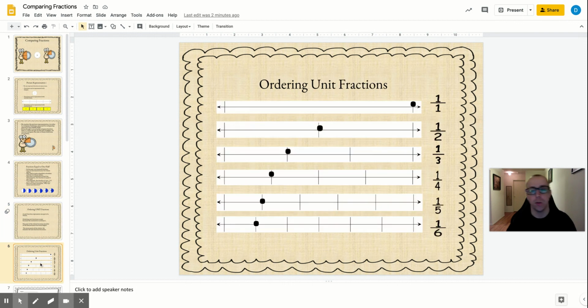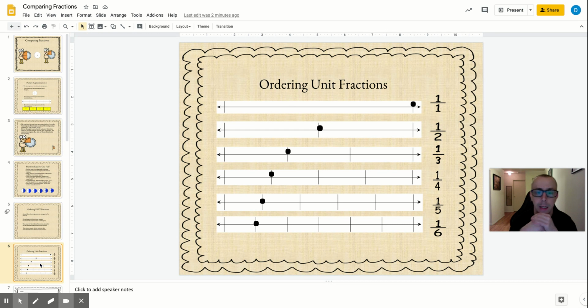smaller. So if we look here, okay, we begin with 1 out of 1, or 1/1. That's really our first unit fraction, 1/1, 1 out of 1. As you look down the line, we go 1/2, 1/3, 1/4, 1/5, and 1/6. As that denominator increases from 2 to 3 to 4 to 5 to 6, the fraction becomes smaller.